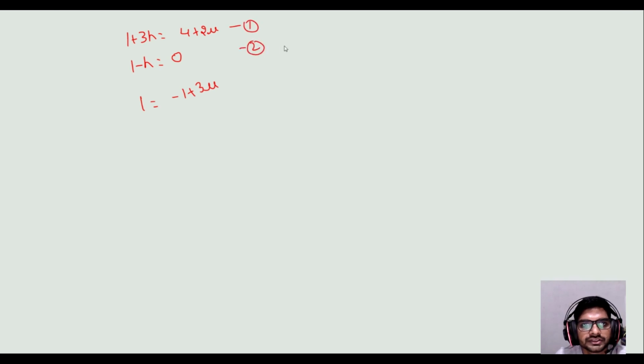On solving, minus lambda equals minus 1, this gives lambda equals 1.